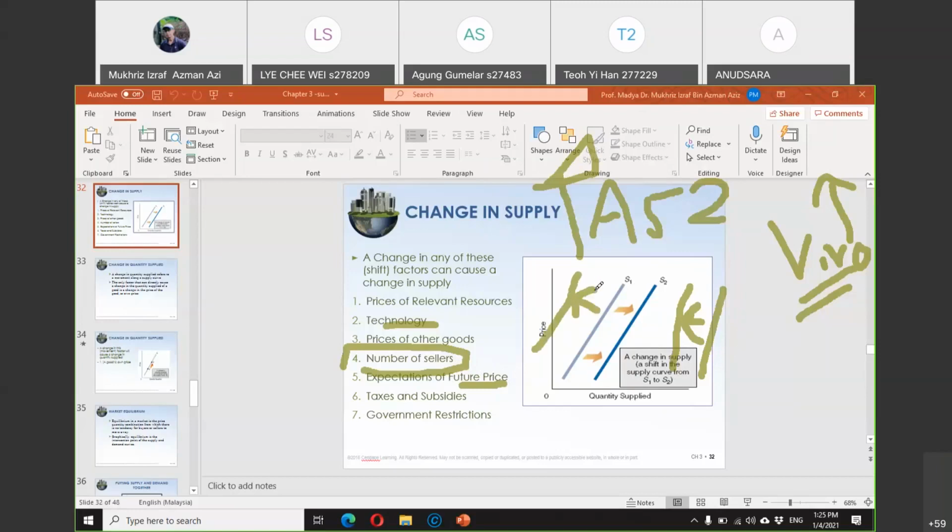But if the seller expects the price in the future to fall, what will happen today? Today, sellers might want to sell more, because if they don't sell more now, the price is expected to fall in the future, and they will get less revenue, less profit.